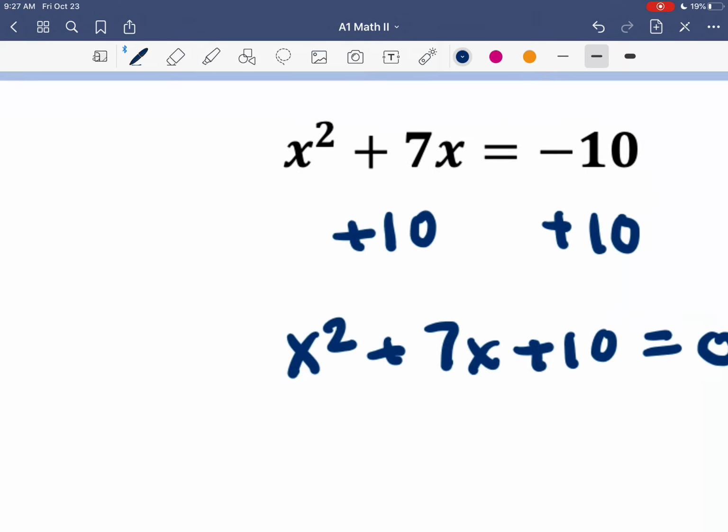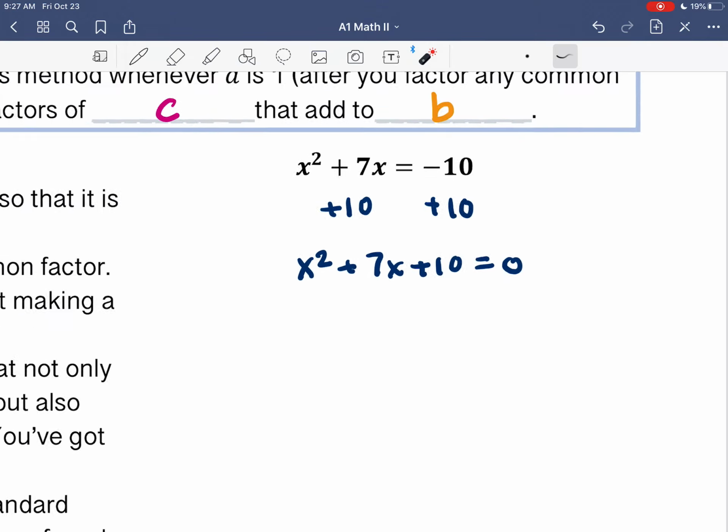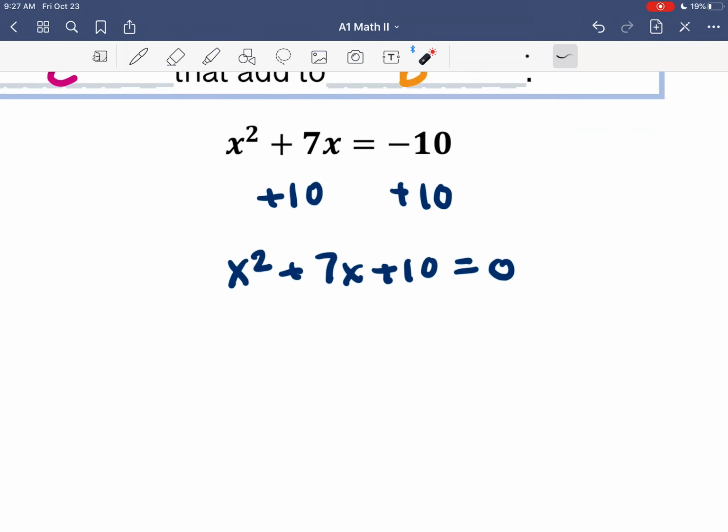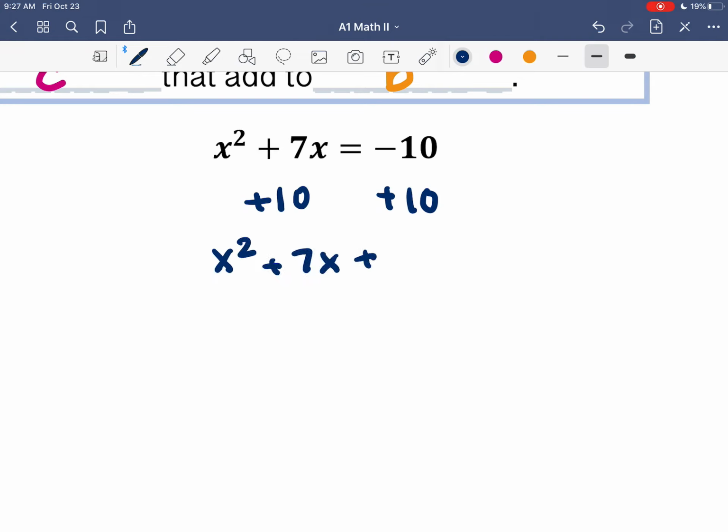Again, I want to emphasize that even though I'm putting 10 underneath 7x, it does not mean I'm combining those things because those are not like terms. We just have to list them separately because we can't combine them. So now we have it equal to 0.